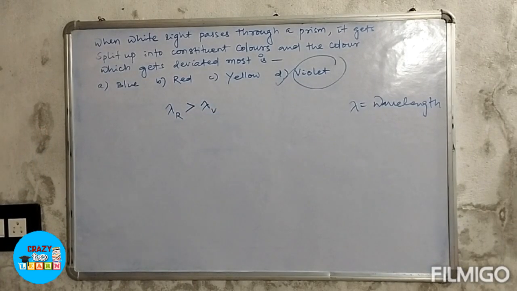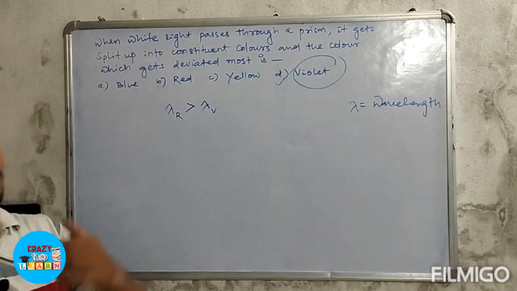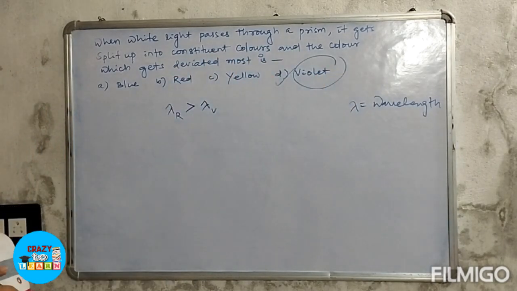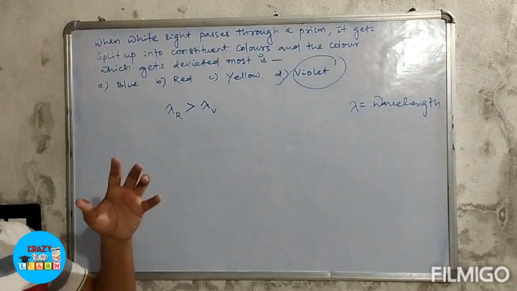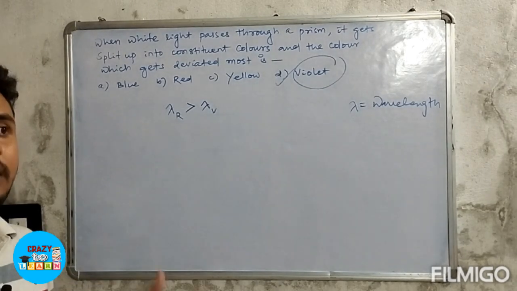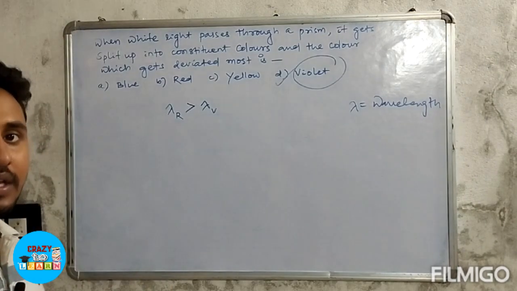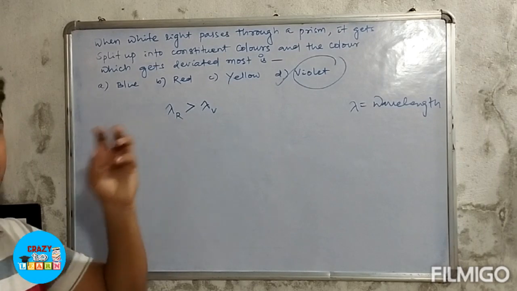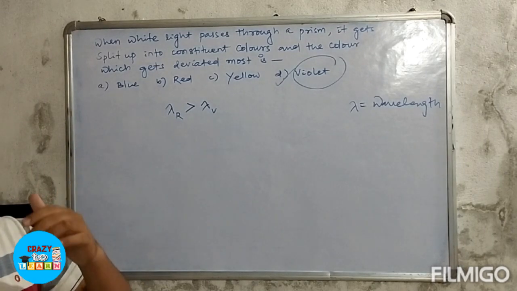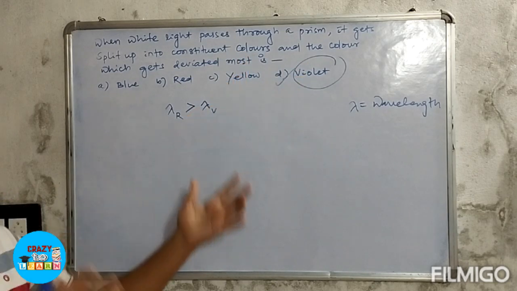So in the night, if you torch a red laser light, it will go for a long distance. Red light has a long wavelength. So danger signals are made in red light. Why? Because an observer can observe it from a long distance, because red light has a long wavelength and violet has less wavelength. It cannot be visible to a long length as compared to the red.